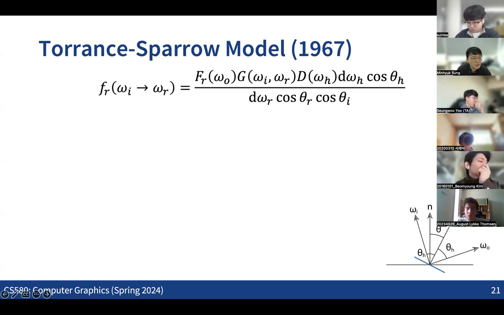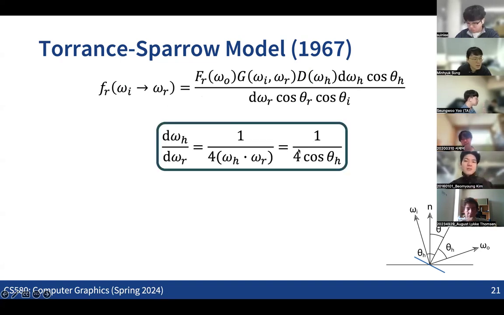But when you have this equation, you can see that you have the ratio between the differential solid angle for the half-angle vector and the differential solid angle for the outgoing direction, right? And what we are going to see is that this ratio can also be substituted as 1 over 4 times the cosine of theta h here.